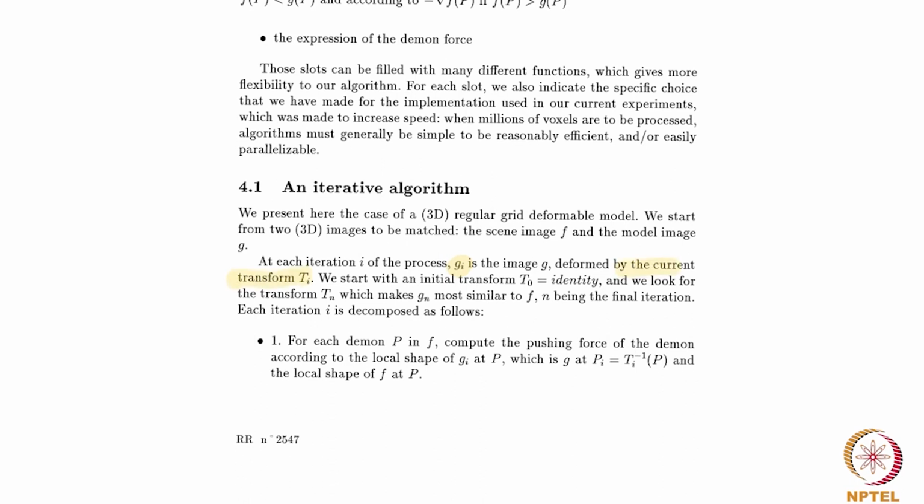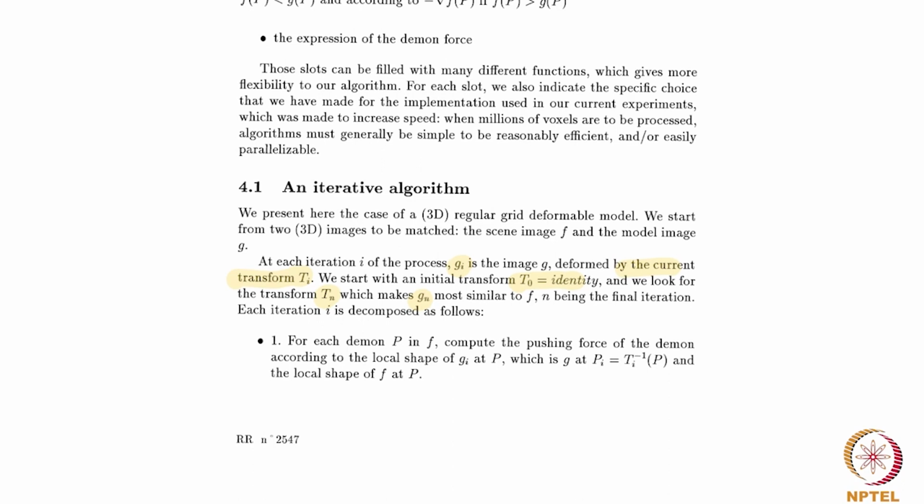So i is the iteration index. We start with the identity transform and we look for a transform Tn such that after the application of transform Tn to G, the image Gn we get is most similar to F. N being the number of iterations, it is the hyperparameter you fix.